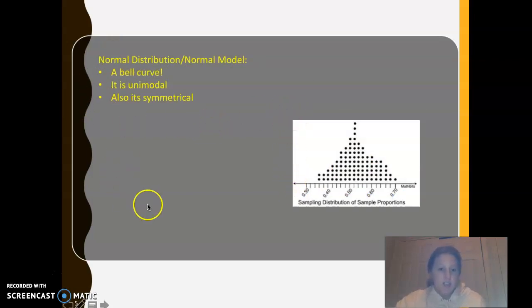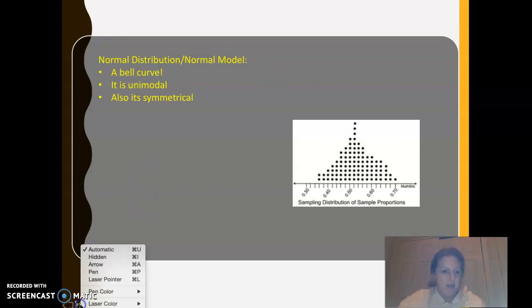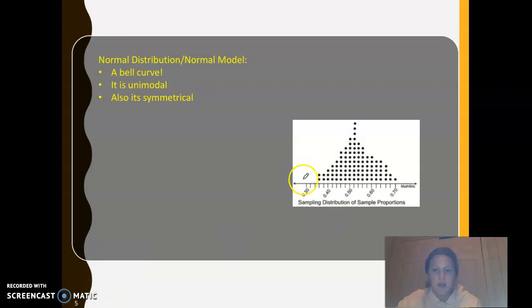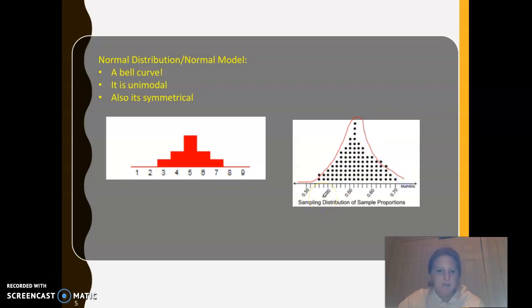So the most common shape a graph can take on is called a normal distribution or a normal model. What this is, is a bell curve, and you've probably heard this before. It does have one peak here at the top, and it's symmetrical. So all words we've heard before, right? This dot plot, for example, if I just trace it, again, we're not talking about the exact shape, like this histogram.